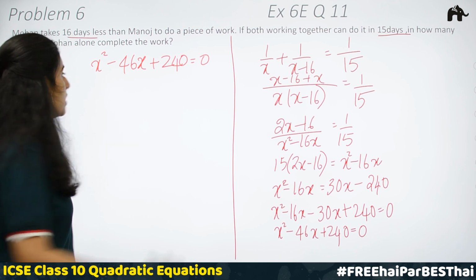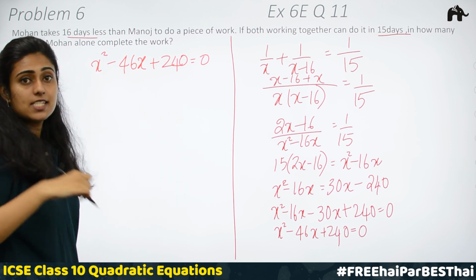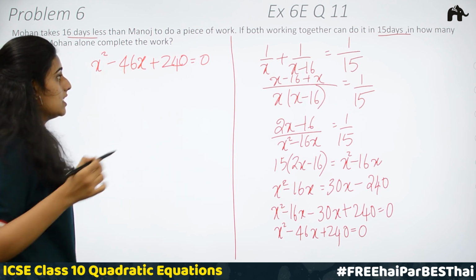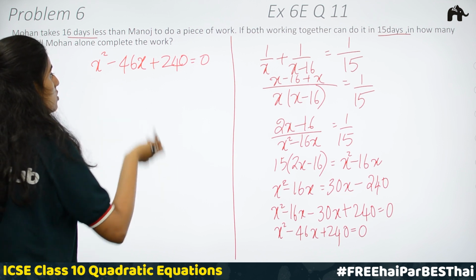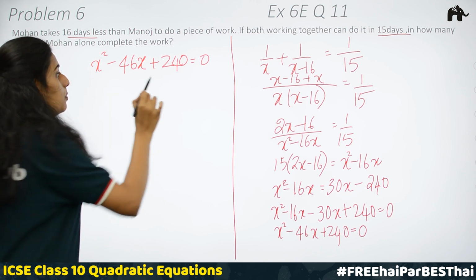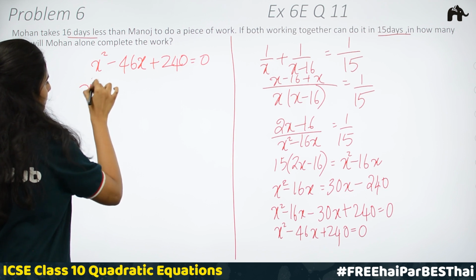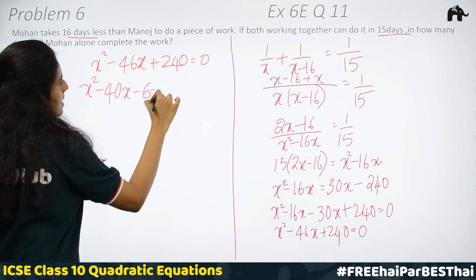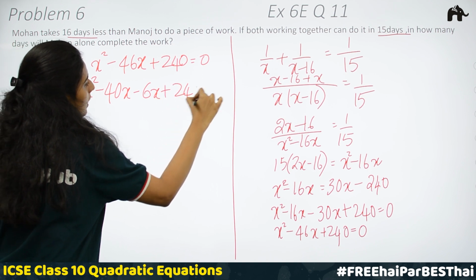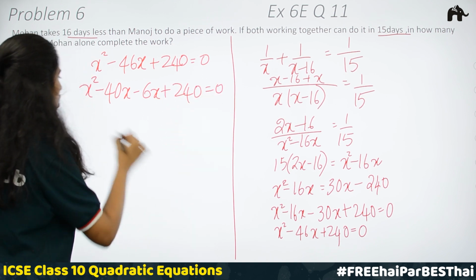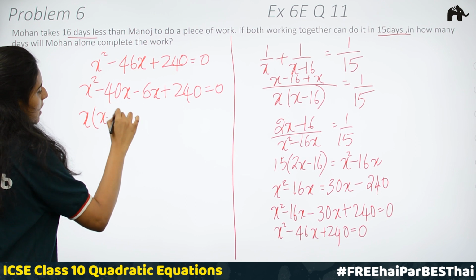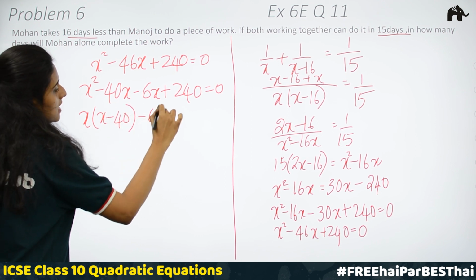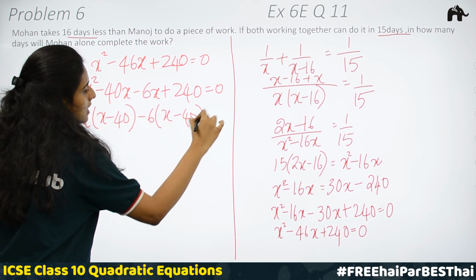Splitting the middle term, minus 40 minus 6 is minus 46, minus 40 into minus 6 is plus 240. Therefore, x square minus 40x minus 6x plus 240 is equal to 0. Taking common, x into x minus 40 minus 6 into x minus 40 is equal to 0.